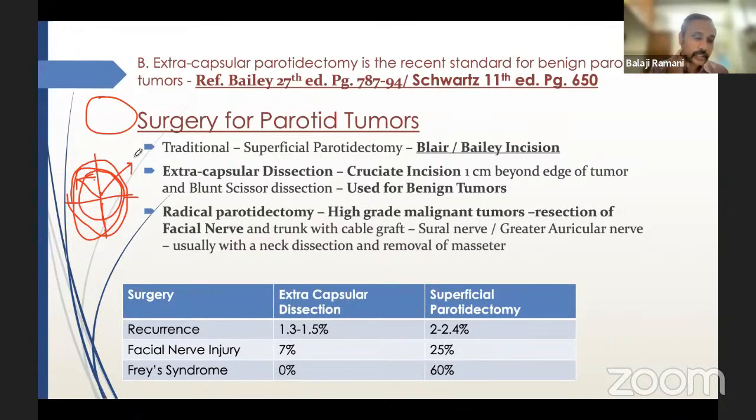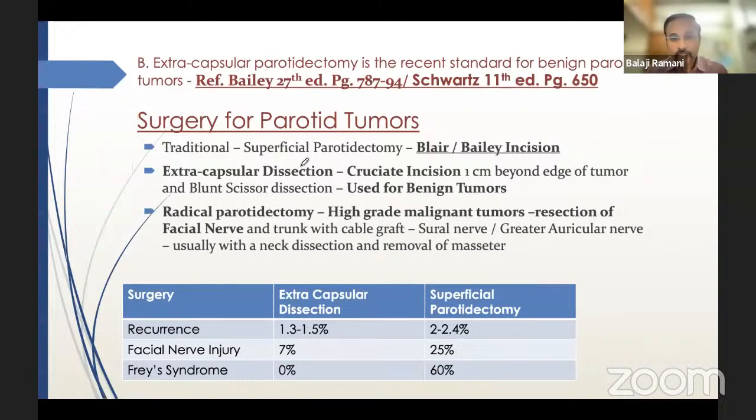So you make a cruciate incision in the parotid, lift up a bit of parotid tissue, leave the rest of the parotid tissue along with a bit of tumor, go 1 centimeter beyond the margins of the tumor, and then lift out the tumor completely. Then you bring the parotid tissue back and close it in the center. That is known as your extracapsular dissection.